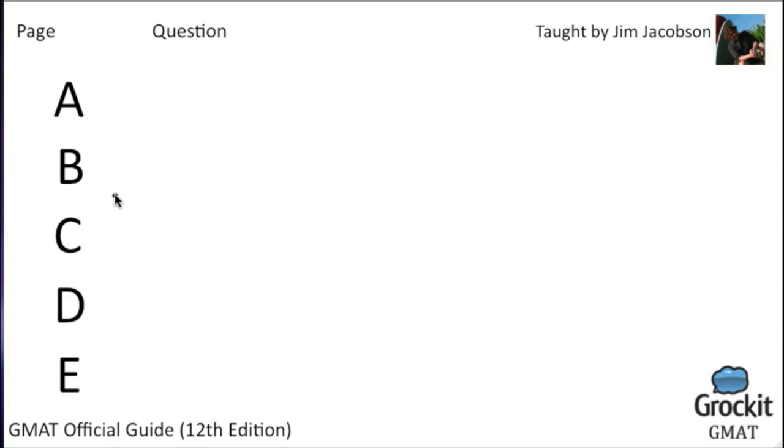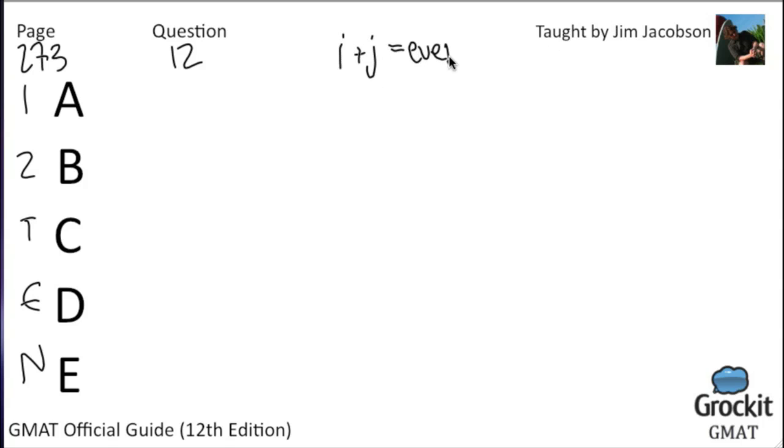On to number 12. 273, number 12. If i and j are integers, is i plus j an even integer?